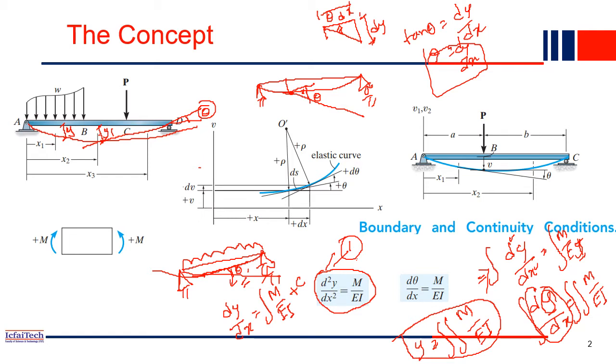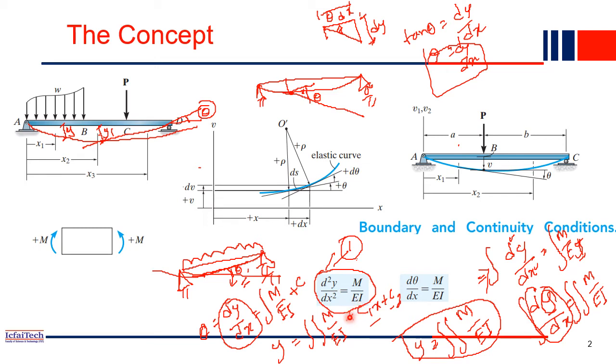This dy/dx is nothing but theta. Again, if you integrate one more time, you release y. So y is equal to the double integration of M by EI plus c1 x plus c2. What are c1 and c2? They are the constants of integration.